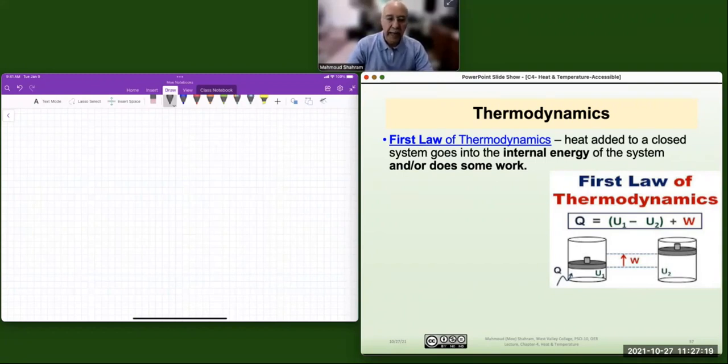So if you add heat to a system, let's say it's a closed system, so there's no external stuff there. That heat increases the internal energy of the system and or does some work for you. This is a good example.